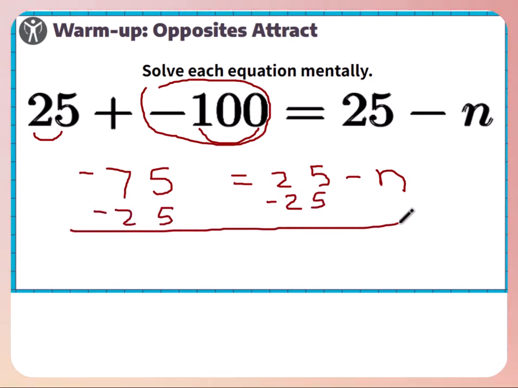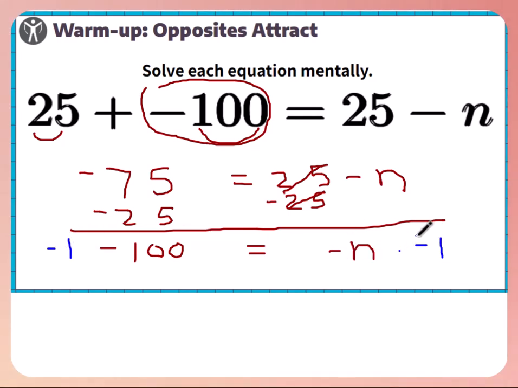And we get 25 minus 25 is 0. Bring down the minus n. Bring down the equal. These are both negative this time, so we're going to add them together. 75 plus 25 is 100. Okay, and this is negative. Now what we need to do, we can't have a negative variable. We're going to multiply both sides by -1. Distribute a -1 throughout this equation.